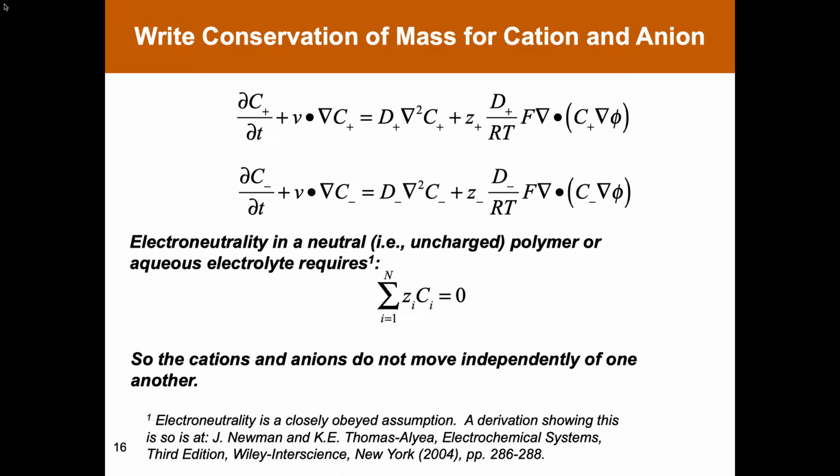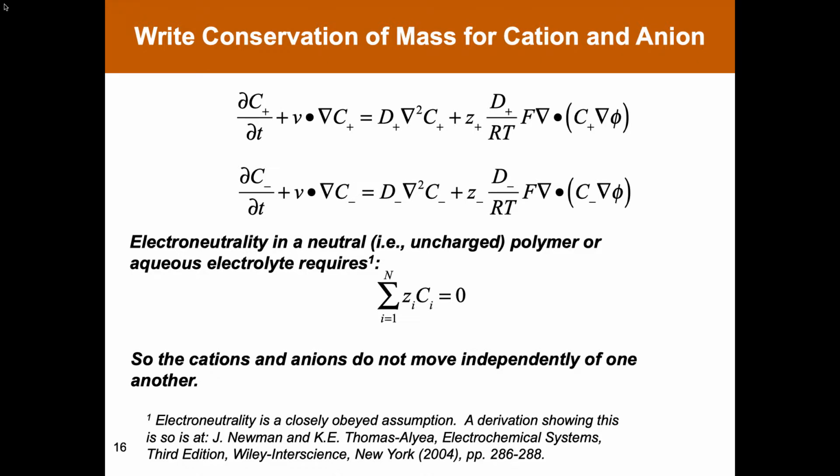There's a nice description of how little solutions can deviate from electroneutrality on a couple pages here in John Newman's book. But for all intents and purposes, over any sort of measurable space in a material, electroneutrality is maintained.